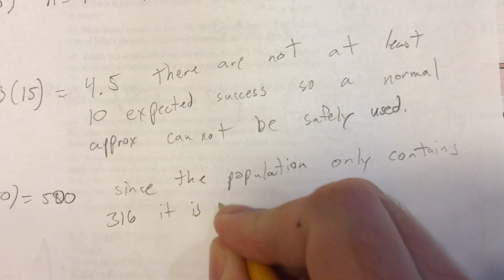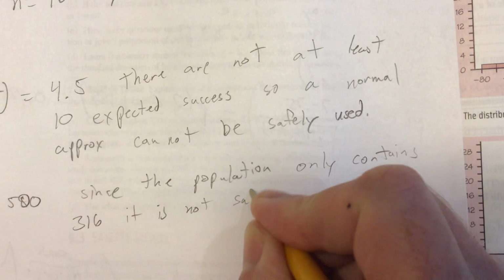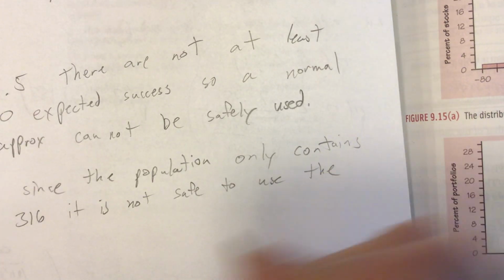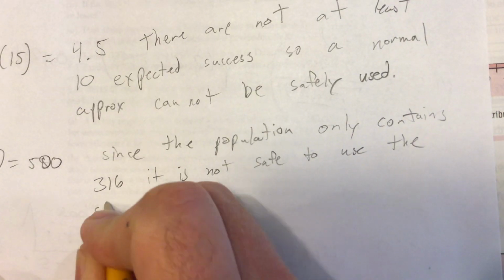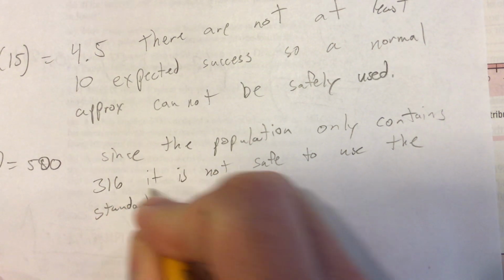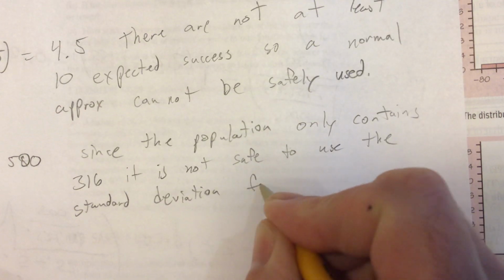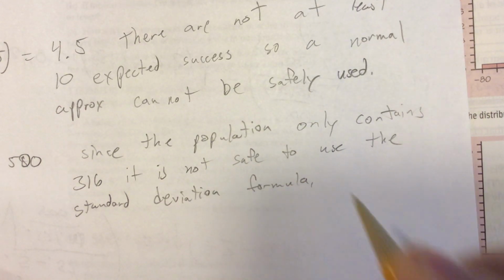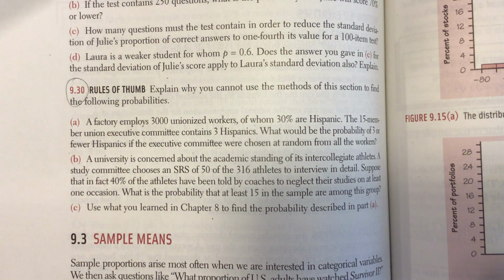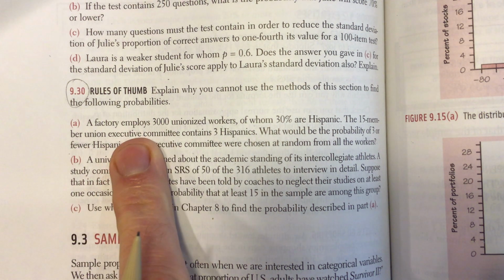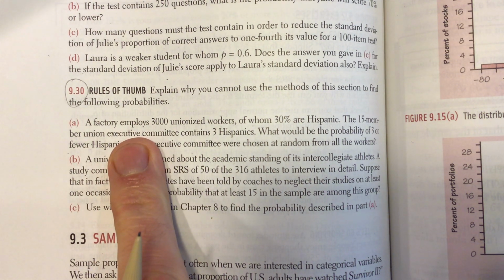It is not safe to use the standard deviation formula. And letter C. Use what you learned in Chapter 8 to find the probability described in Part A. Okay, so that means binomial, right?